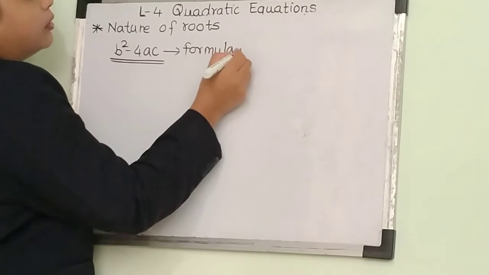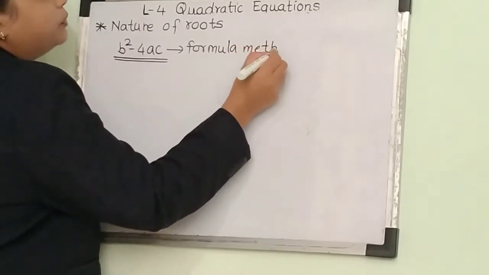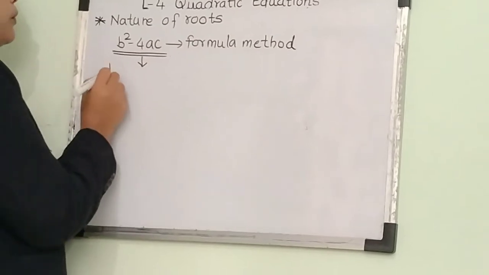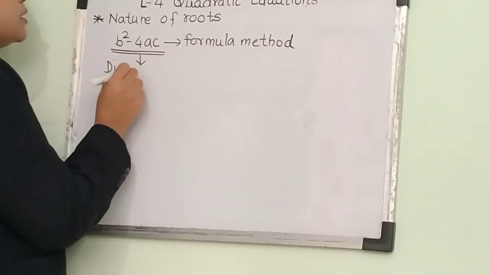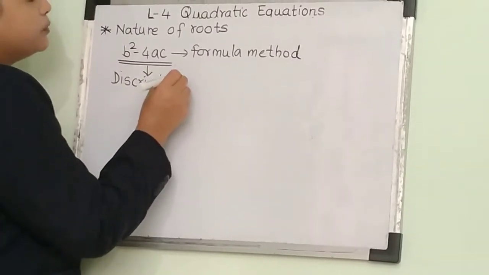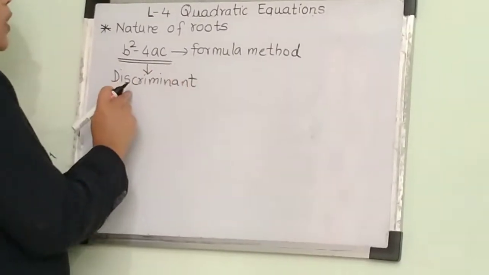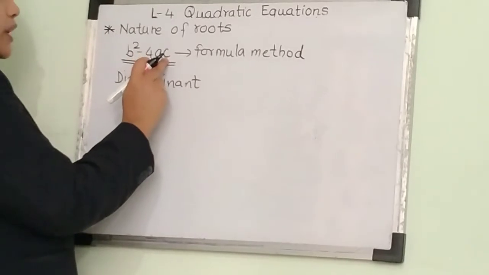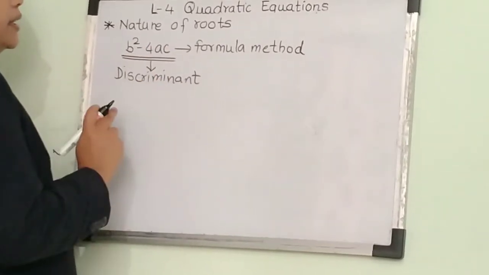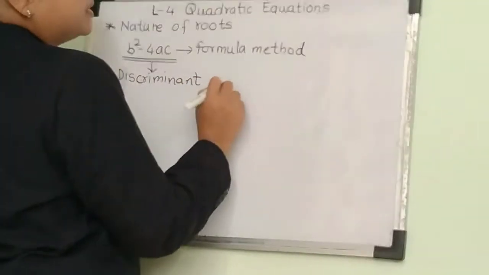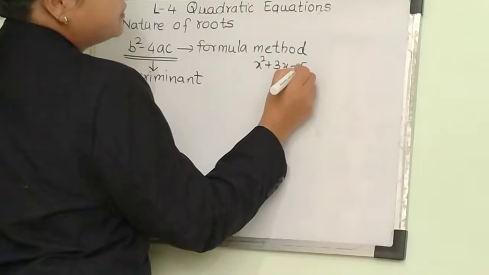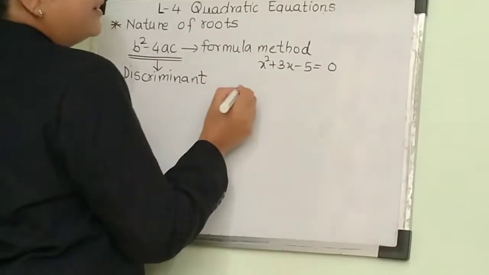As the name suggests, for this value, it is called the discriminant. So the value of b square minus 4ac is the value of discriminant. For example, suppose you are given the equation x square plus 3x minus 5 equals 0.